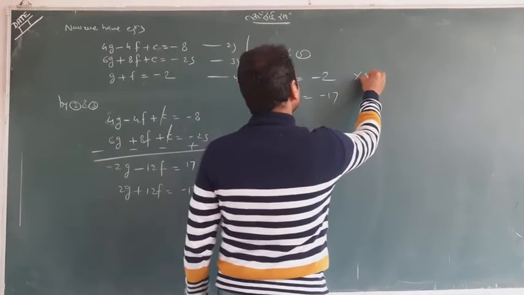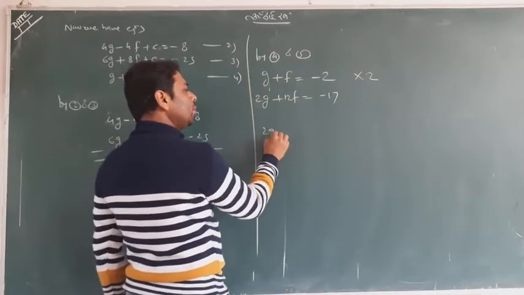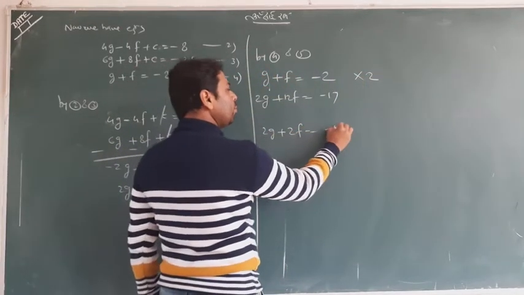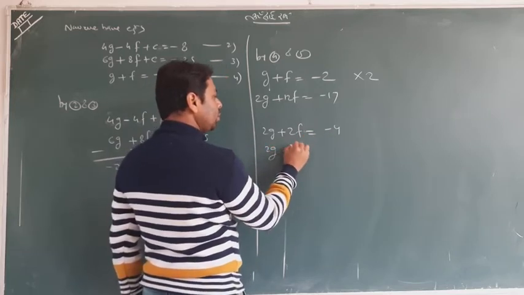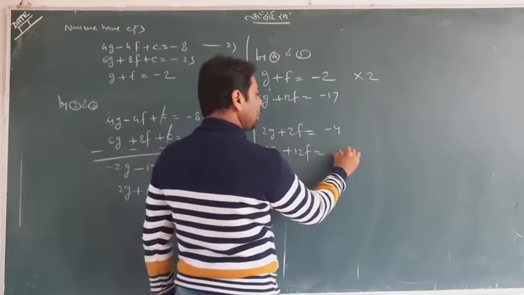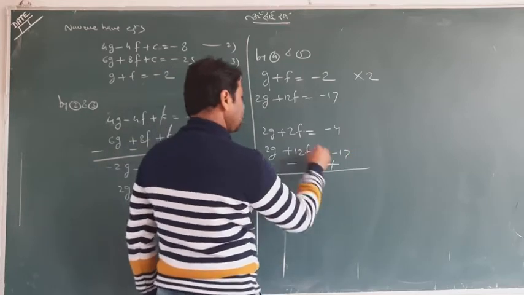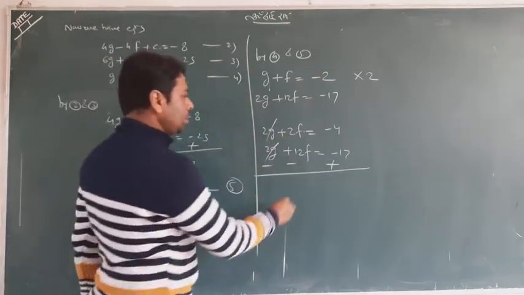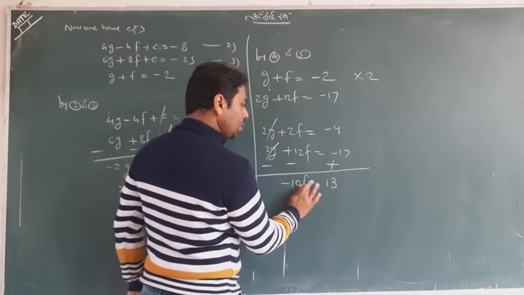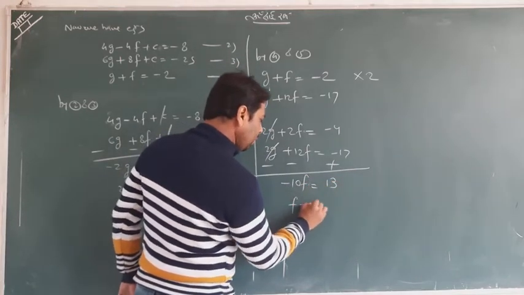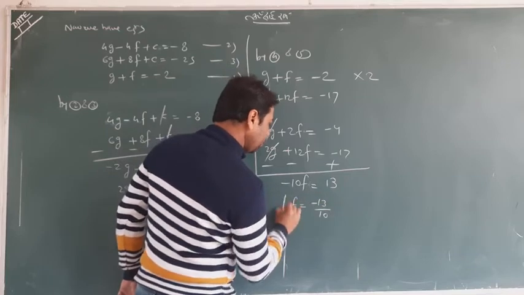So I multiply by 2: 2G plus 2F equals minus 4, and it is the same. 2G plus 12F minus 17 cancels. This is 10F, these 2 will be 13. So F will be minus 13 upon 10.